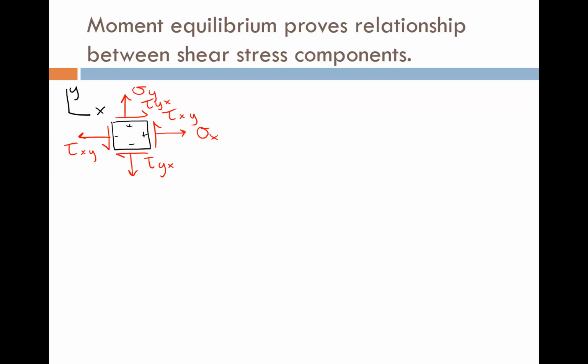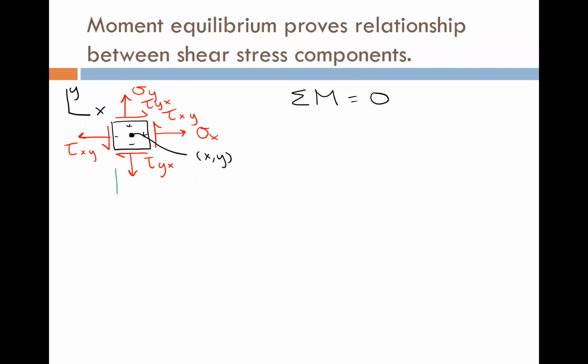Okay. And we want to take the sum of the moment equal to 0. We need to choose a point to take the sum about. We're going to select a point right here in the middle, and we will call it x, comma, y. And we need to define the size of this cube in order to do these calculations.